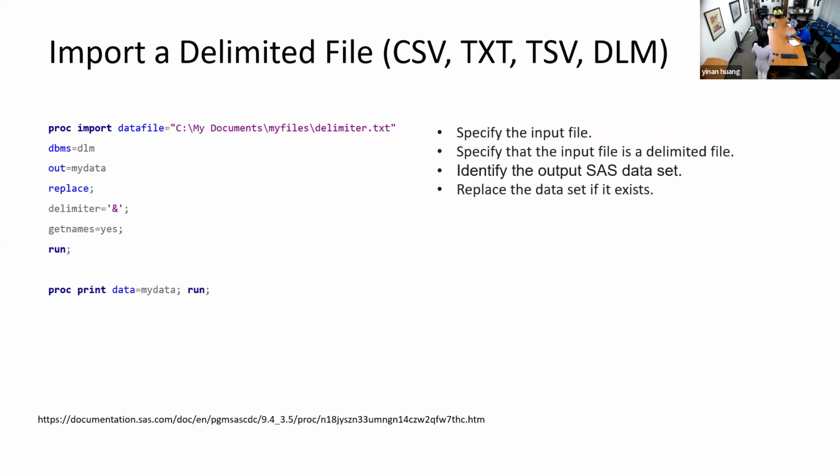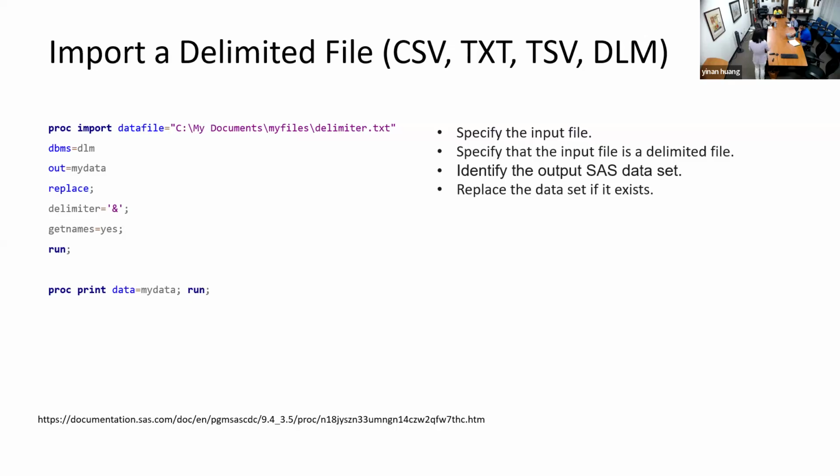If you specify the folder where you want the data set to be saved, that's a two-level name. If you want your data to be saved, it's always two levels. The first part is the library name, then a dot, then the data set name. The library name is your permanent library's name.